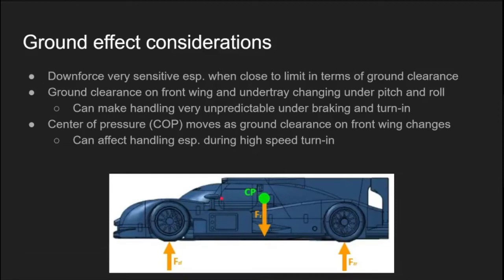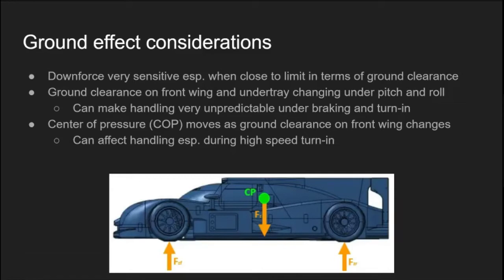What that equates to is more grip over the front tires and less over the rear tires. On a high speed entry into a corner, for example, that's going to cause you to oversteer, because you have a lot of grip on the front but not much on the back, and it's going to cause the back end to slide out at high speeds. So it can have an adverse effect on handling.